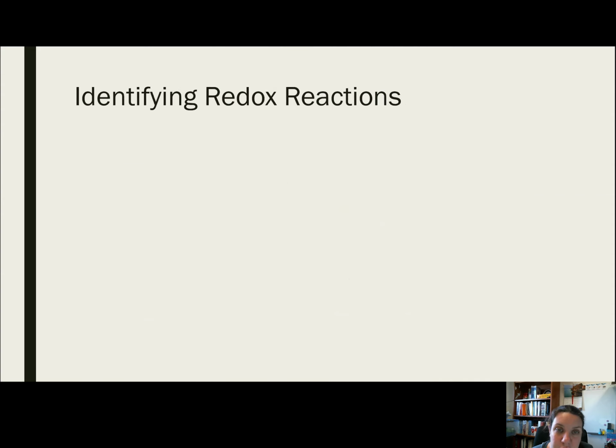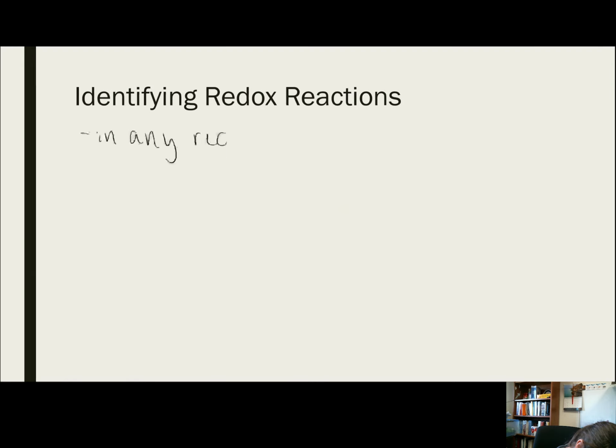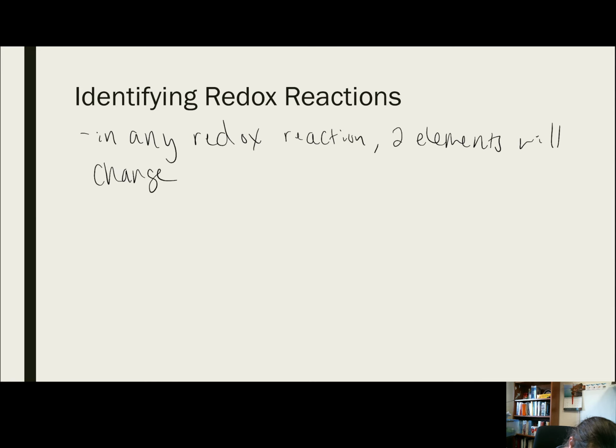When we're trying to figure out if we have a redox reaction, the first thing we should do is look and see if we've got anything changing oxidation state. In any redox reaction, two elements will change oxidation state when going from reactants to products.